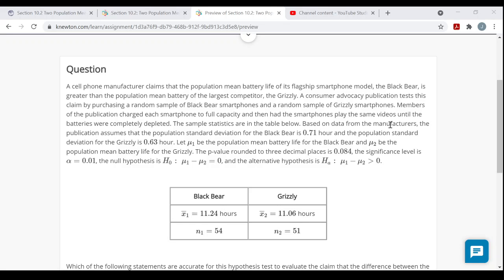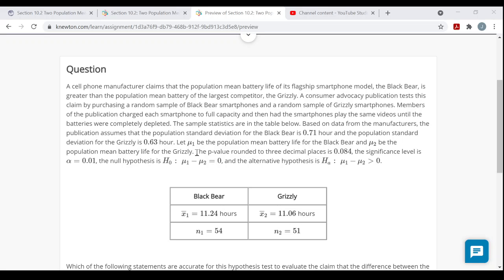Based on data from the manufacturers, the publication assumes that the population standard deviation for the BlackBerry is 0.71 hours, so that's sigma 1, and the population standard deviation for the Grizzly is 0.63 hours, so that's sigma 2. Let mu1 be the population mean battery life for the BlackBerry phones, and mu2 be the population mean battery life for the Grizzly phones.